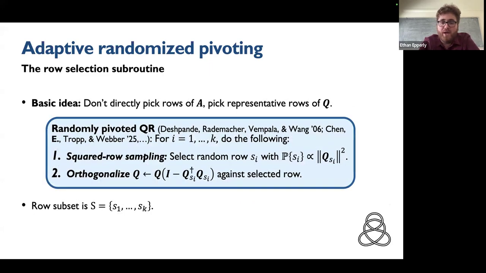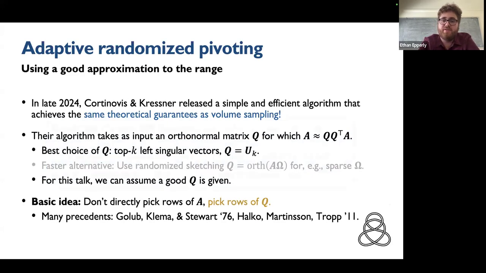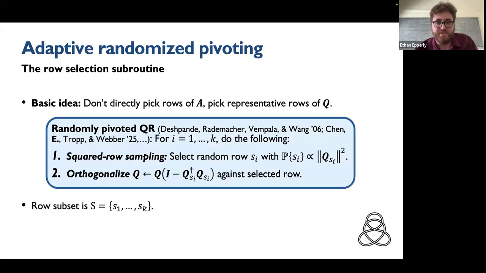All right, so how are we going to pick representative rows of Q? We're going to use this procedure, which I would call randomly pivoted QR, also in fact due to Deshpande et al. It proceeds as follows. I iterate from i equals 1 to K. At each step, I look at the squared row norms of the matrix Q and use them as a sampling distribution to pick a random row s_i.